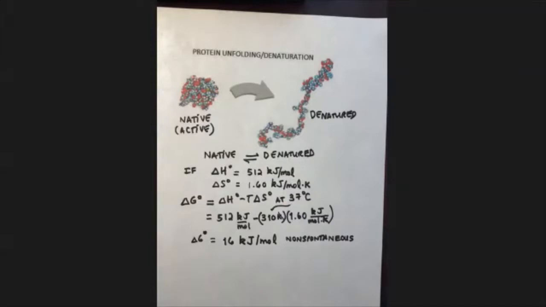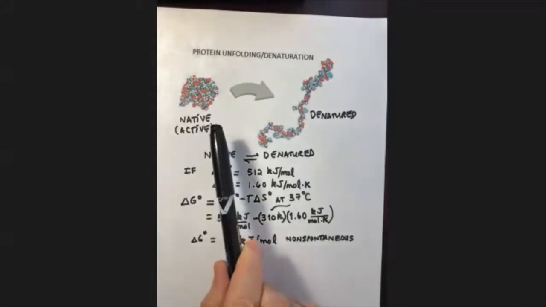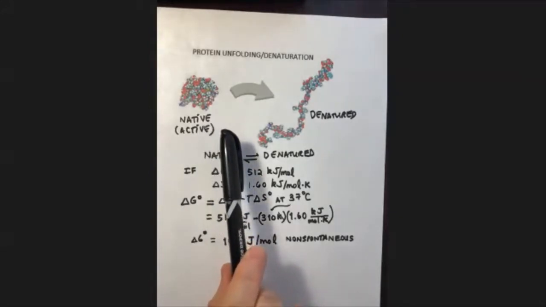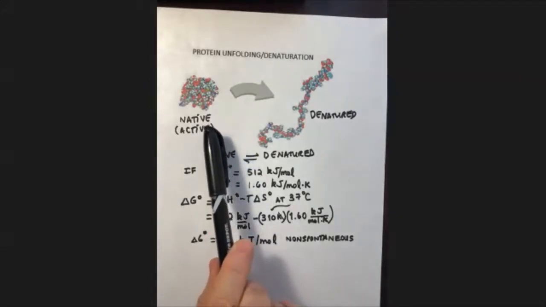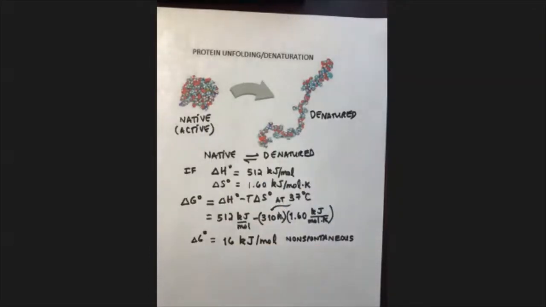But remember, this is at body temperature, right? Now let's think about this for a moment. We're saying that thermodynamics favors a state that is more organized, in other words, a state that has less entropy than the denatured state, right?